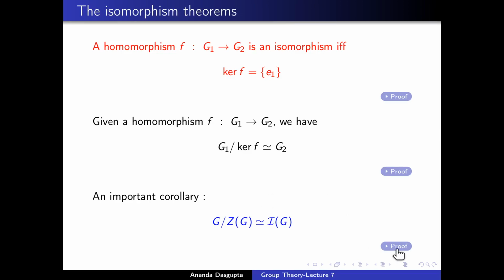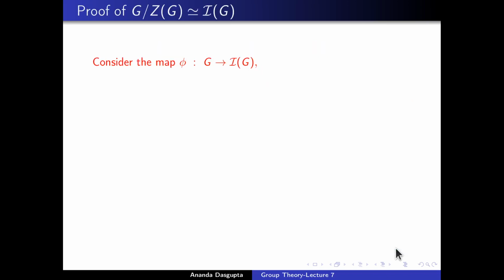And as I have said, the strategy here would be to construct a homomorphism between capital G and curly I of G, which of course is the group of all inner automorphisms of capital G. Now, I have to define this map phi, and the most obvious way to define the map phi is to map small g, an element of capital G, to the inner automorphism generated by small g, Ig.